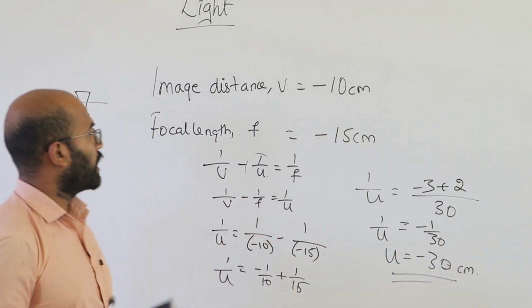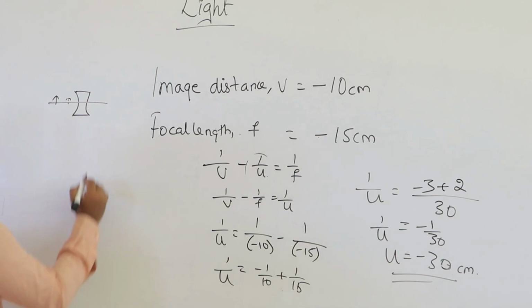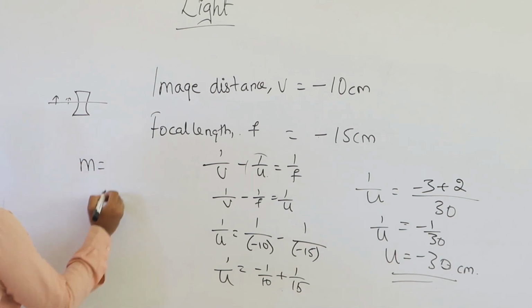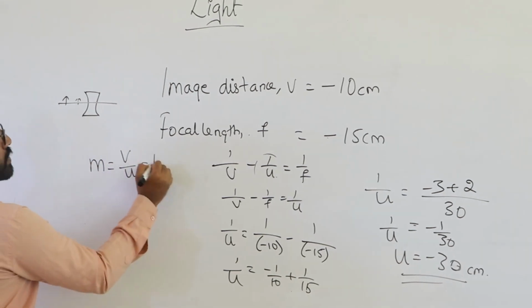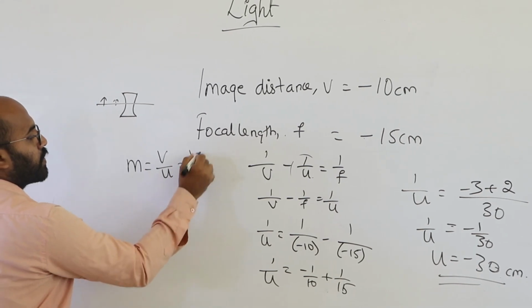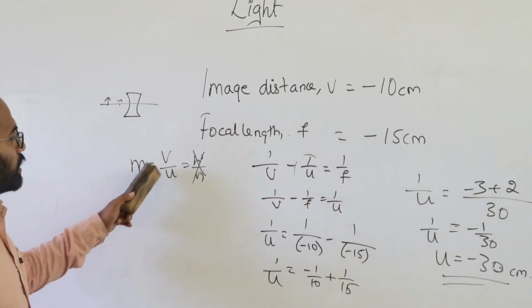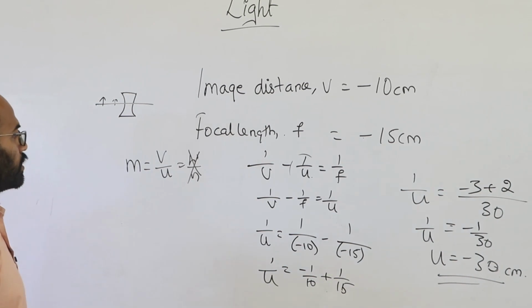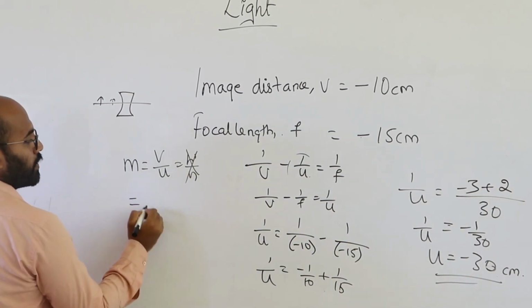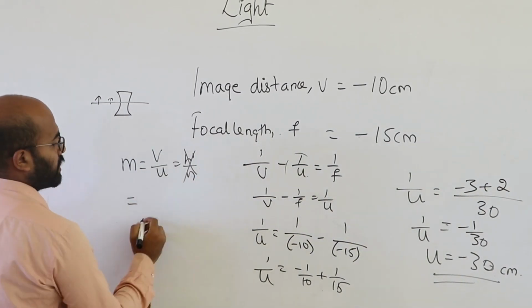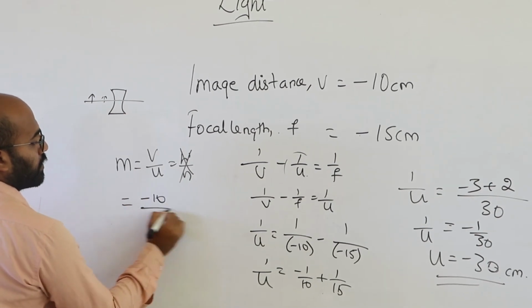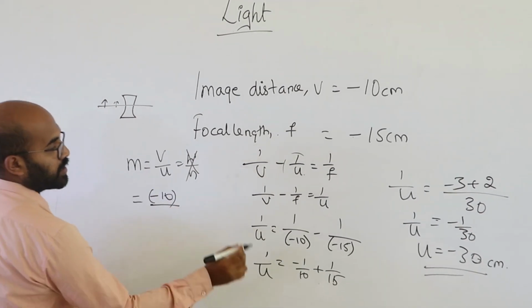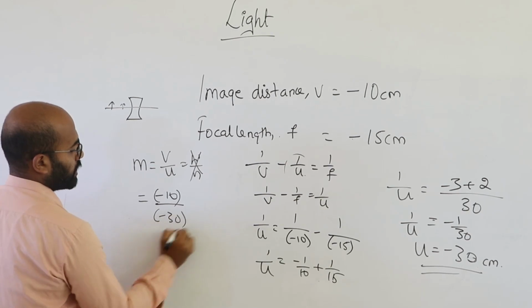With this, if I want to calculate the magnification, m is equal to v by u is equal to h dash by h. I don't know what h and h dash are, so I will use only v by u. v is minus 10 and u is minus 30.